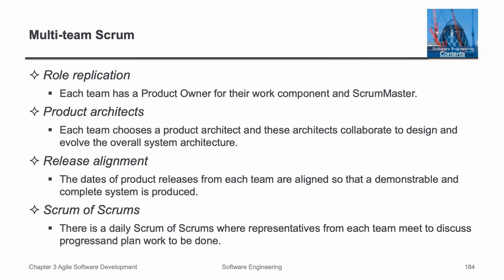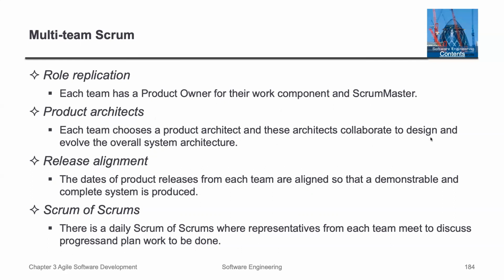So for multiple team Scrums, you can be thinking in terms of role replication, product architects, release alignment, and Scrum of Scrums. Maybe having a Scrum Master of the Scrums might be something that you could leverage. Each team has a product owner and a Scrum Master. For the product architects, each of these teams chooses a product architect.